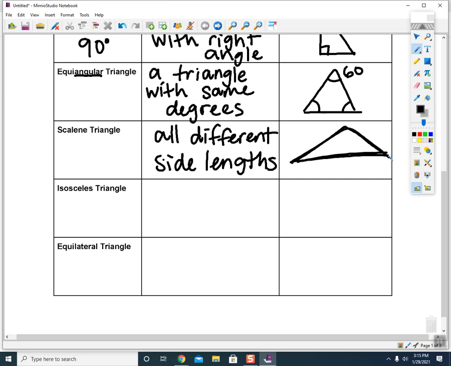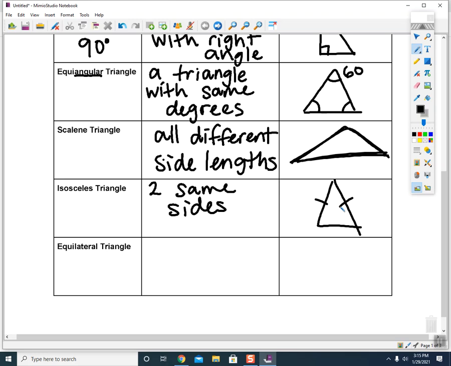Then we have isosceles triangle. An isosceles triangle has 2 of the same sides. So that would look like this. And like we use the curve on the inside for the angles, I use little tick marks when I talk about the same congruent sides of triangles. So that would say that those 2 sides are the same, they're congruent.